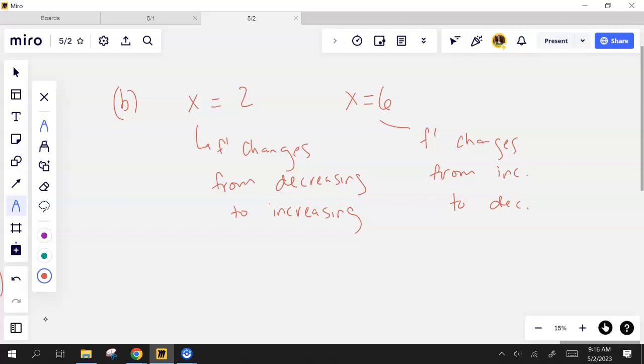That was a 2-pointer. One for the answers, one for the justification. Well, these last two must be doozies. No, it's just part C, part B. Right? How many points is the first one worth? Part A was 3 points.